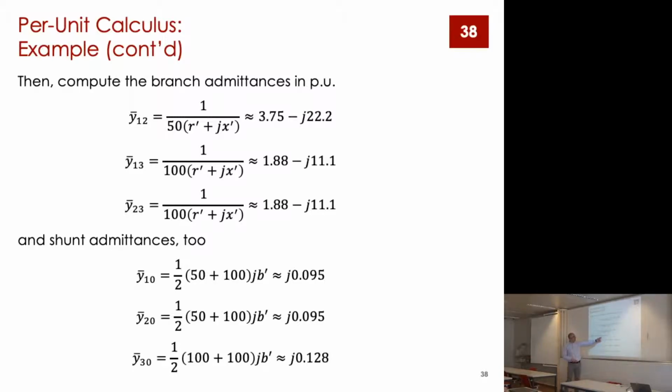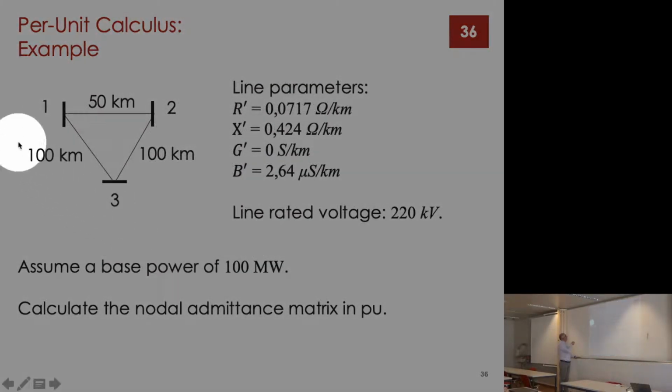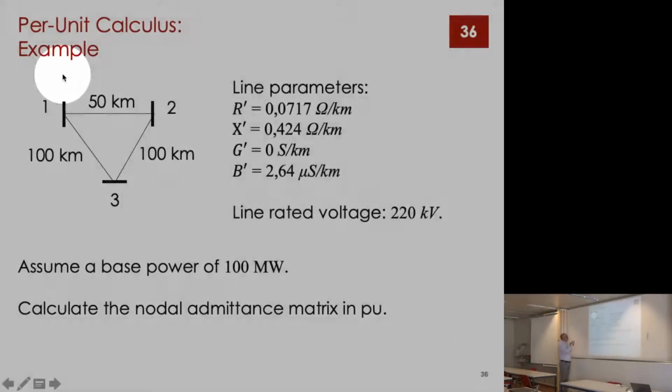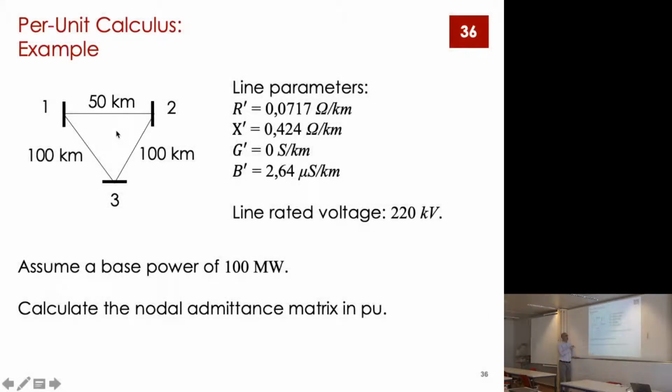The shunt admittances are very easy. In node 1, who is coming in? The line of 50 kilometers and the line of 100 kilometers. Both these lines are incident in node 1.